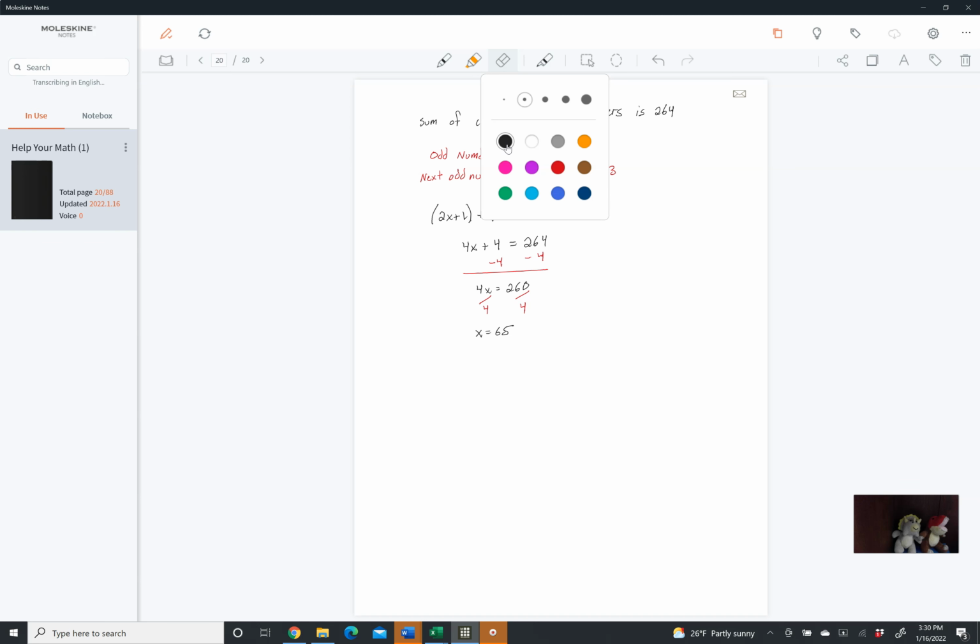But keep in mind, this is not the number. Right? This is not our answer. We want the two numbers. This just gives us what x equals. Our numbers are 2x plus 1 and 2x plus 3.